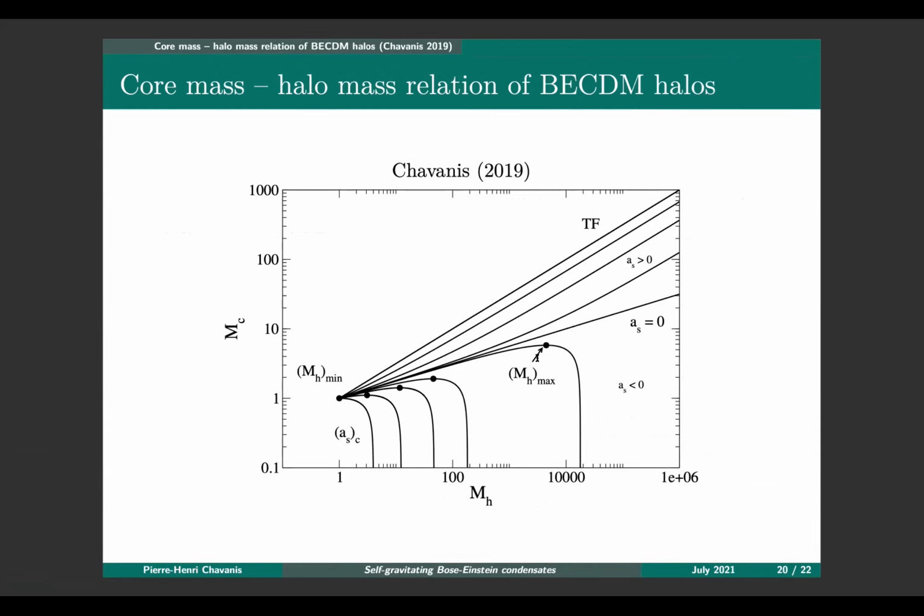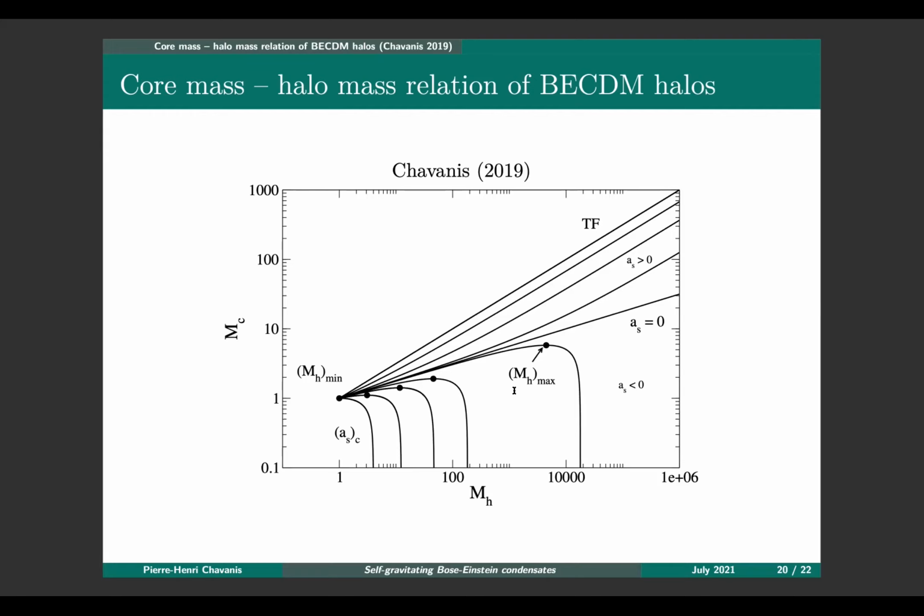So this would lead to the possibility that in this Bose-Einstein condensate model with attractive self-interaction, large dark matter halos may have a collapsing core forming a Bose-nova or a dense core. But of course the parameters are not well known.